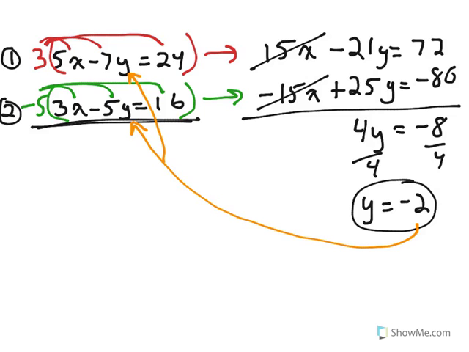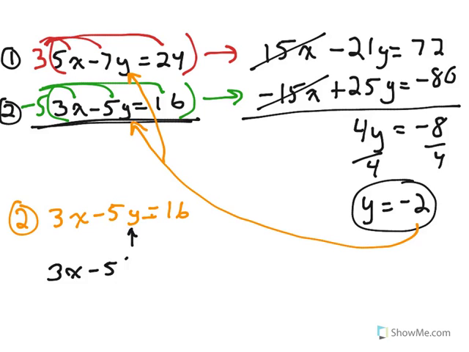I am going to take equation number 2 that says 3x minus 5y equals 16. And I'm going to replace that y with the negative 2. So I get 3x minus 5 times negative 2 equals 16.